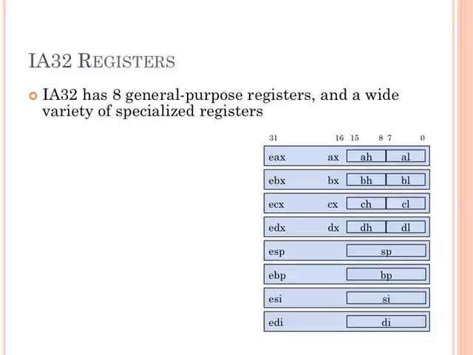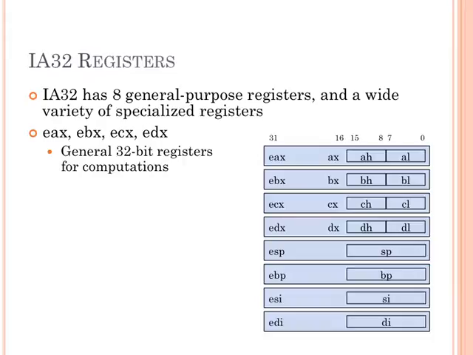Okay, registers. So we have 8 general purpose registers and a whole bunch of specialized registers we won't talk about. You'll notice that we have bits 0 through 7, 8 through 15; those numbers are the bit indexes. You have a register EAX, for example, and that'll be a 32-bit register.